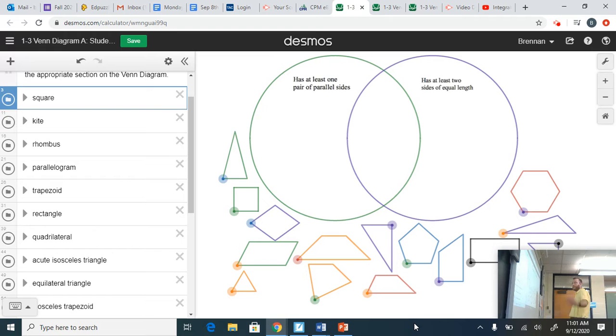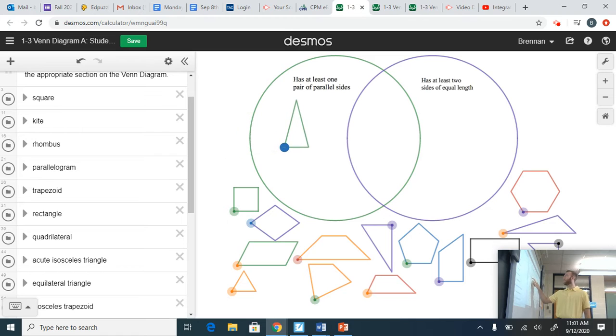And equal length just means that both sides are the same size. So let's look at this isosceles triangle right here, which means two sides are the same length. I'm just going to look at each part of the Venn diagram and see if it fits in there or not. So does this isosceles triangle have at least one pair of parallel sides? No, it does not.